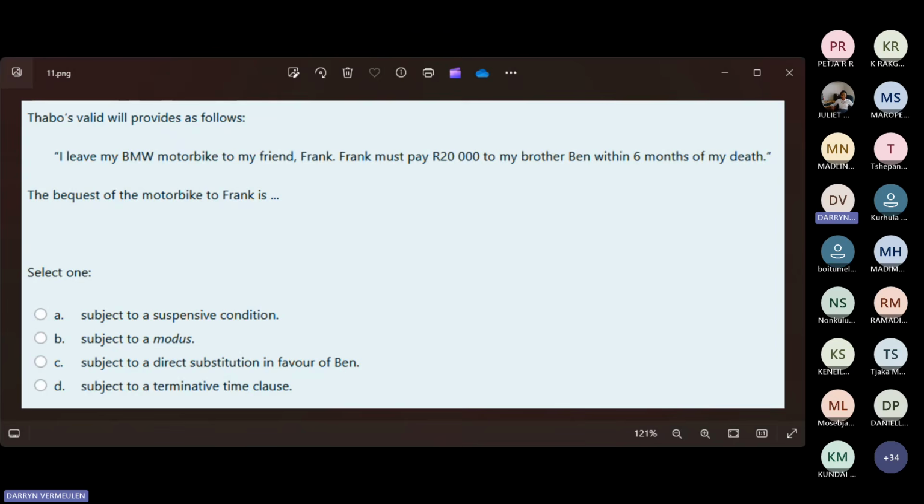Option A, it's subject to a suspensive condition. Option B, subject to a modus. Option C, subject to a direct substitution in favor of Ben. Option D, subject to a terminative time clause. So, suspensive condition, terminative time clause, direct substitution, or a modus.